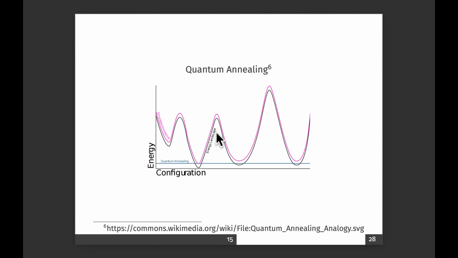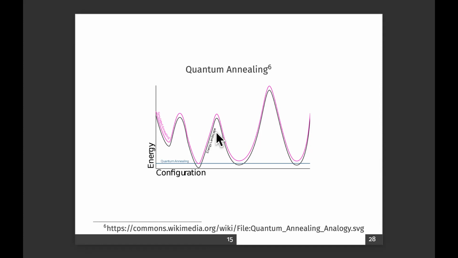You make use of a process called quantum annealing. So when you have a ferromagnetic material and you heat it, the spins of the electrons of that magnetic material tend to be arranged randomly.